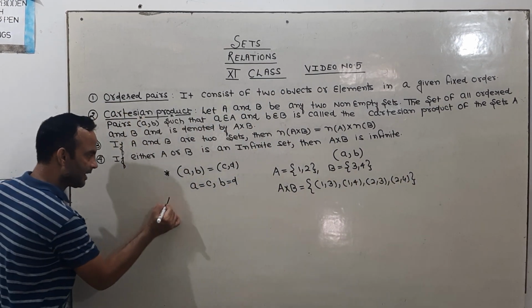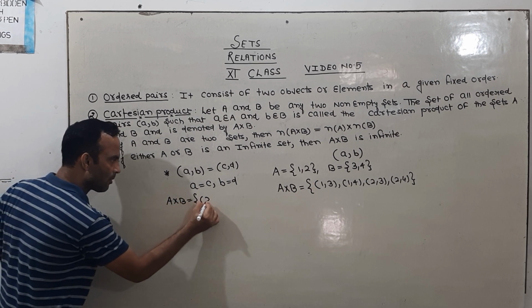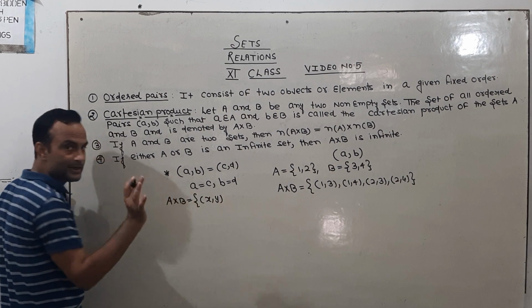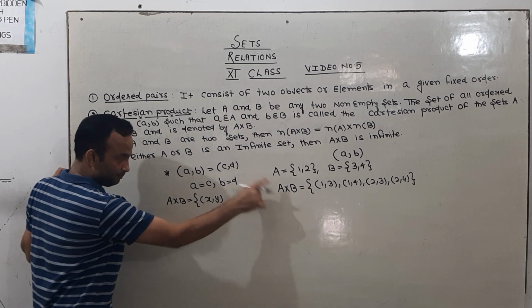Okay, it means what? My dear students, if A cross B is equal to (x, y), try to understand what is the meaning of this.